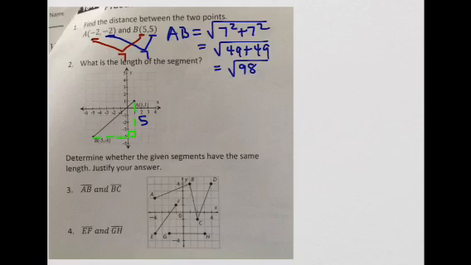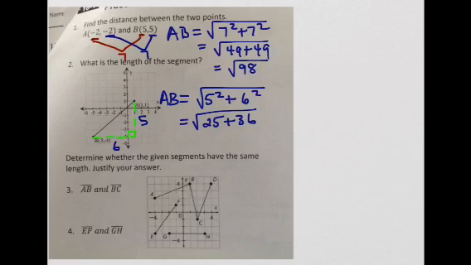And then from B to the right angle across is going to be 6 units. So AB is the square root of 5 squared plus 6 squared. So that's going to be the square root of 25 plus 36. Add your numbers together, that's going to be the square root of 61 for AB.